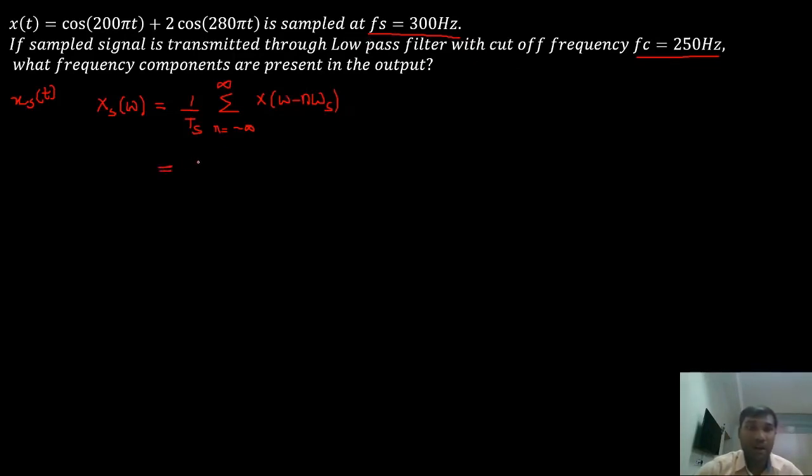Instead of omega, I can write f. 1 by Ts is nothing but Fs, and I have summation n equals minus infinity to plus infinity X of f minus n Fs. Now, what is Fs? Fs is given in the question. It is nothing but 300.